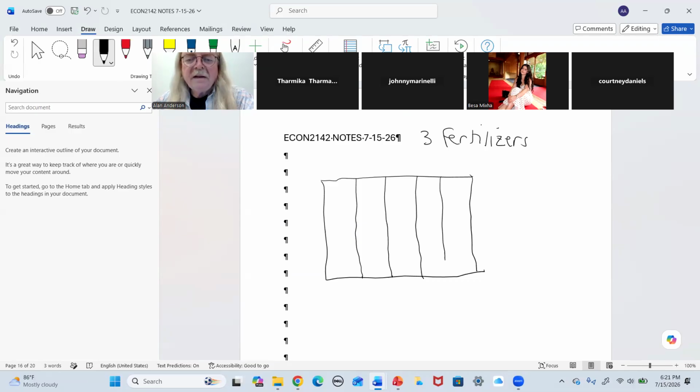Altogether, we'll have 15 squares. So you have to visualize this is the farmer's land. We've got three fertilizers, which will scatter around evenly. And then the rest would be F3.